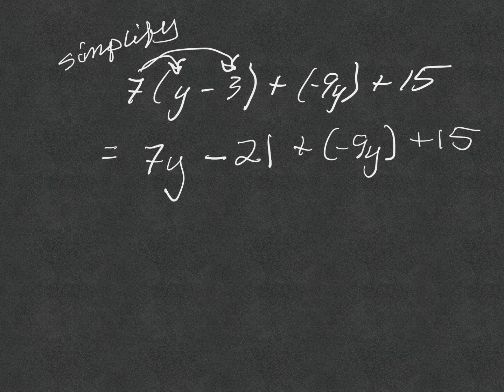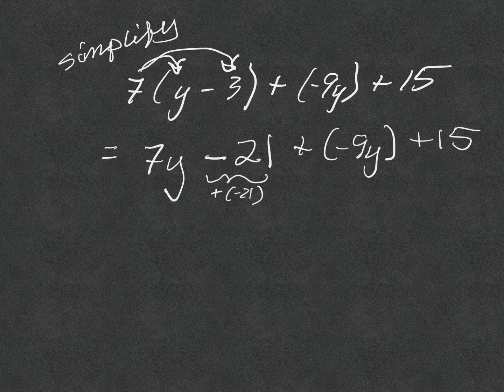Now, I have some like terms here. Mentally, I can use commutative and associative to move things around, all right? And I can think of the negative 21 as plus a negative 21. So now I can move that negative 21 around if you wish, because now they're all additions.